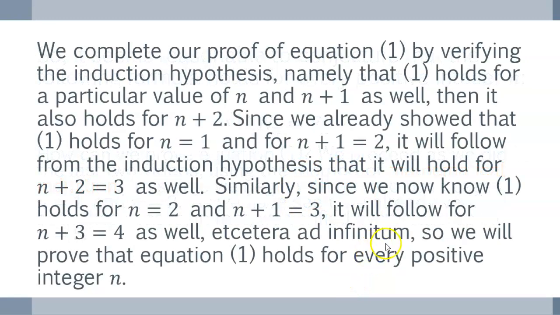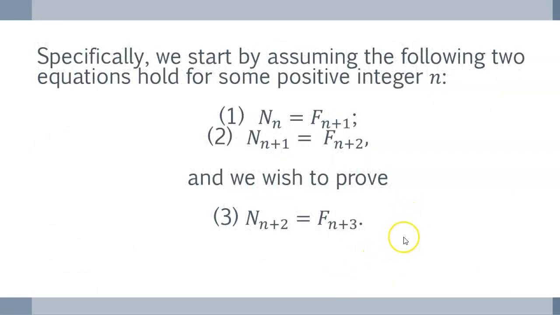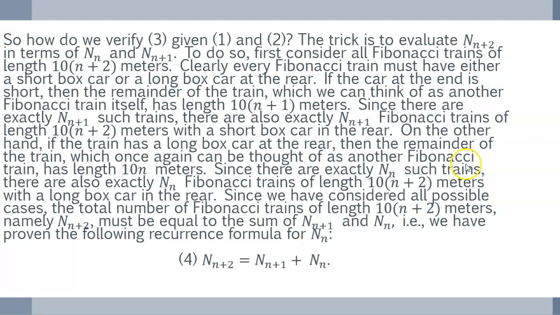To spell this out more explicitly, where n is now an arbitrary positive integer, we're assuming equations 1 and 2: that N sub n is F sub n plus 1, and N sub n plus 1 is F sub n plus 2. We already know those equations hold when n is 1 and 2 because we verified them. But now we want to prove formula 3, that if it holds for some n and n plus 1, it also holds for n plus 2. That will complete our proof.